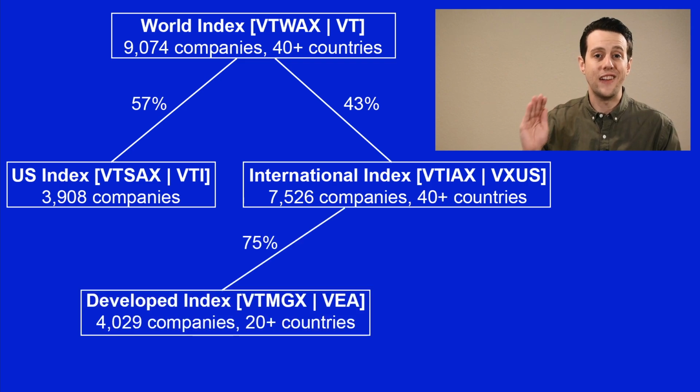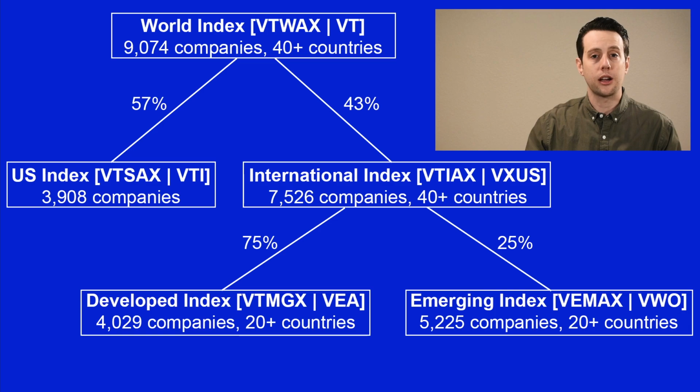We have the Vanguard Developed Markets Index, ticker VTMGX for the fund and VEA for the ETF. This fund tracks the FTSE Developed All Cap ex-US Index. It allocates your investment across 4,029 companies in over 20 countries.